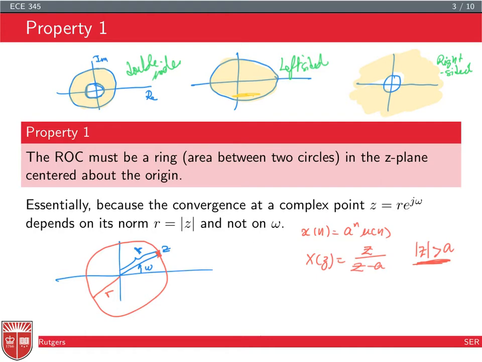Therefore, what you have to keep in mind out of all this is that it has to look like one of these three cases. Either the interior of a ring, or the interior of one circle, or the exterior of another circle.